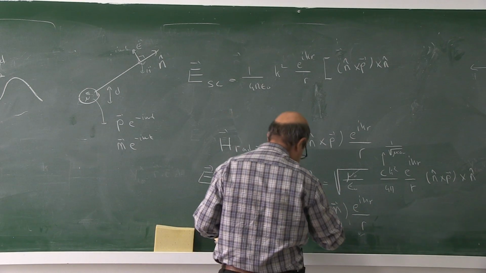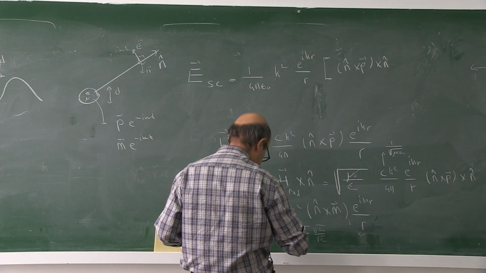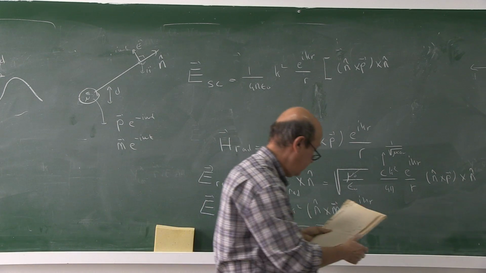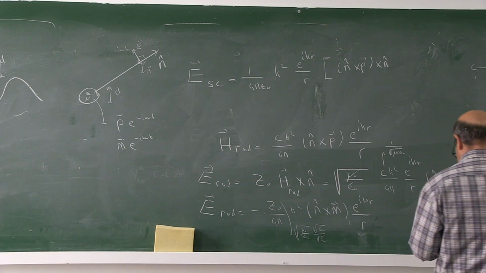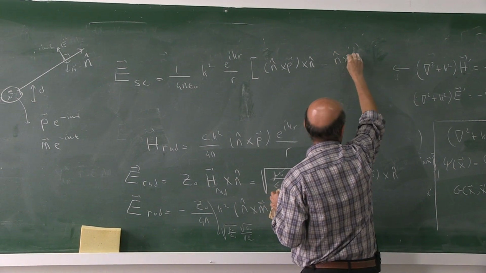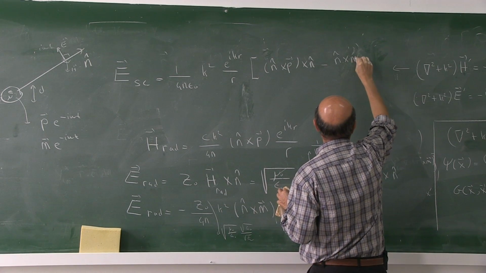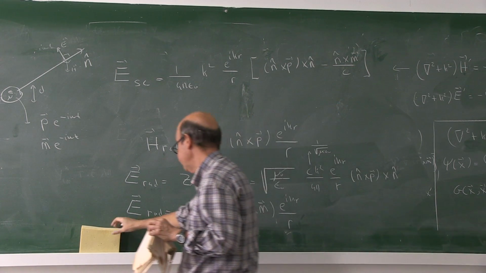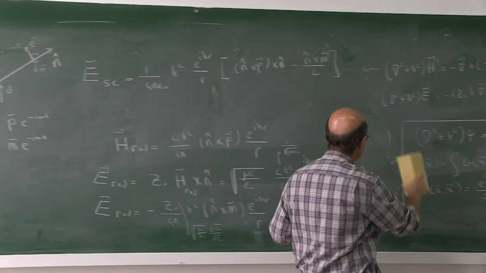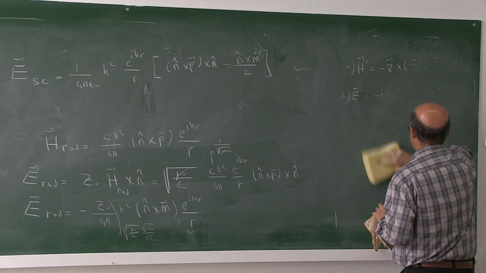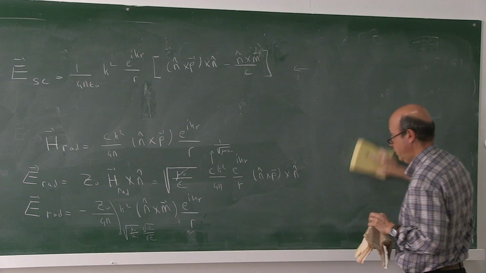You have the spherical wave term. And left over, square root of mu 0 epsilon 0 is nothing but 1 over c. And you have n cross m over c. So let us erase the pieces from the previous work.